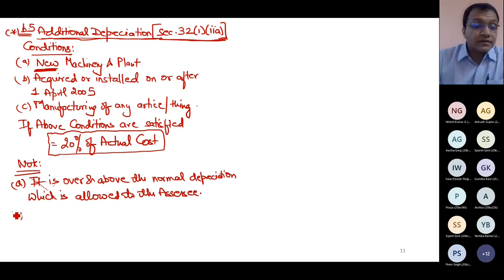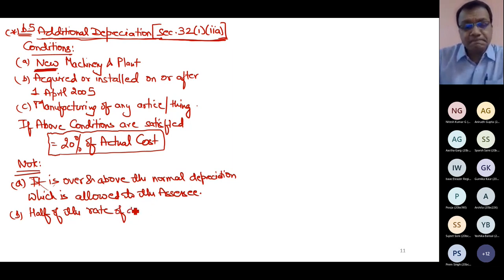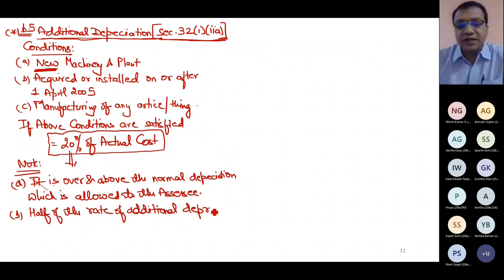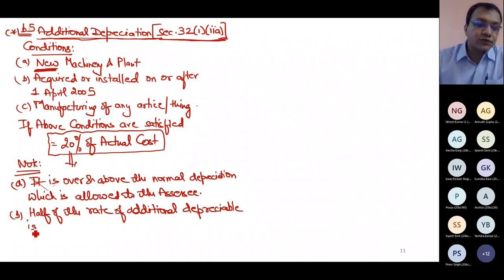Here also that B4 is applicable. Half of the rate of additional depreciation. Can you tell me, half of the rate of additional depreciation will be how much percentage? 10%? Yes, of course. If the full rate of additional depreciation is 20%, then half rate is 10%. Half of the rate of additional depreciation is allowed in respect of that asset. Can you help me complete this line?